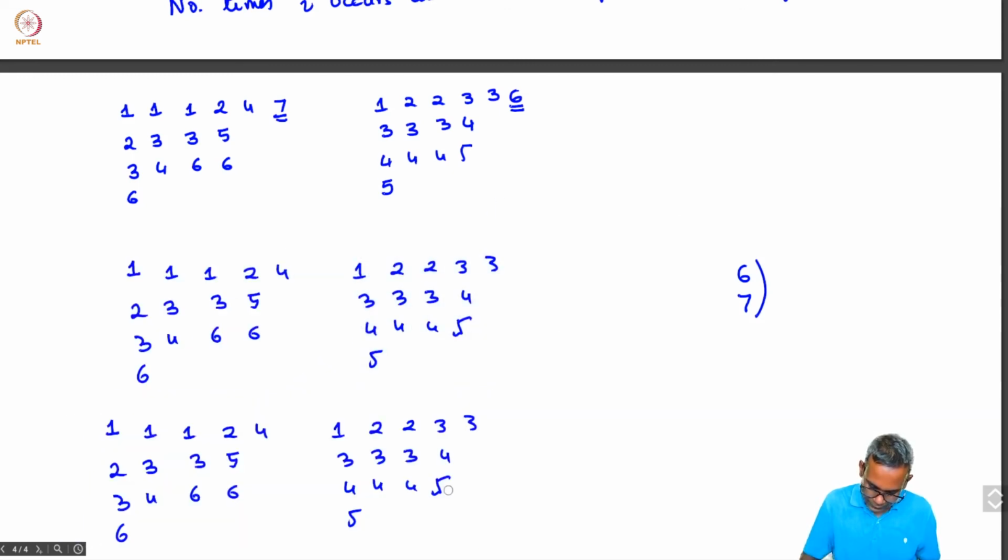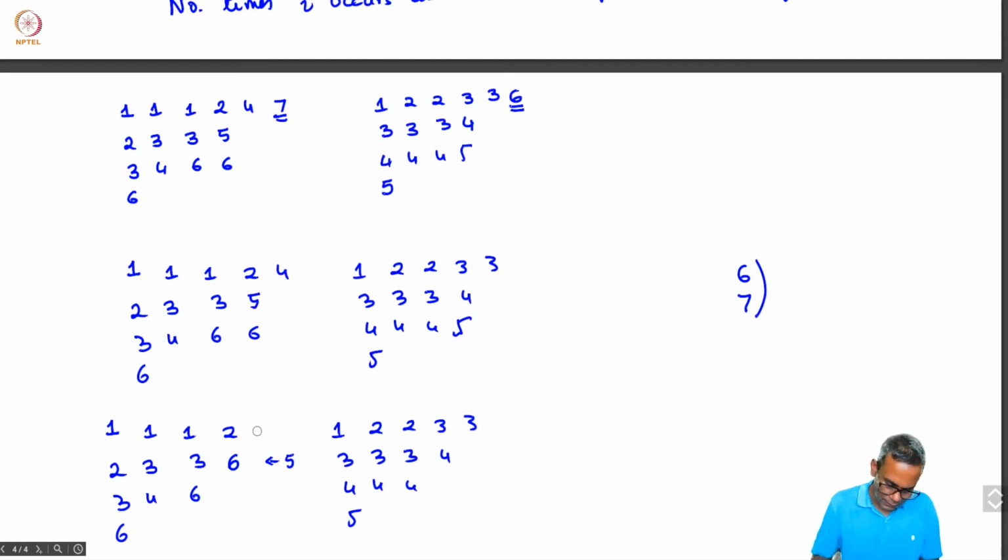So what we know is that this 5 was the box added last, and so that means that this 6 here was bumped out from the previous row. And what could have bumped out the 6? Well, we already know that the Schensted insertion process is reversible. This 6 must have been bumped out by the last element in the previous row that is less than 6. And so this 6 must have been bumped out by the 5 here. And so there must have been a 6 here, and we must have inserted a 5 into this row. And who bumped out this 5?